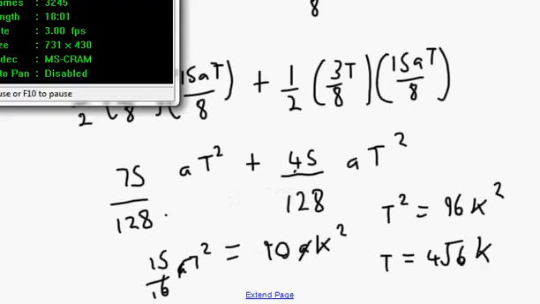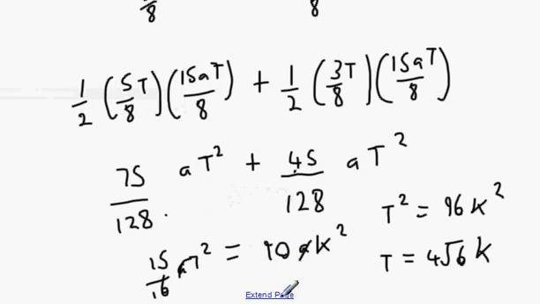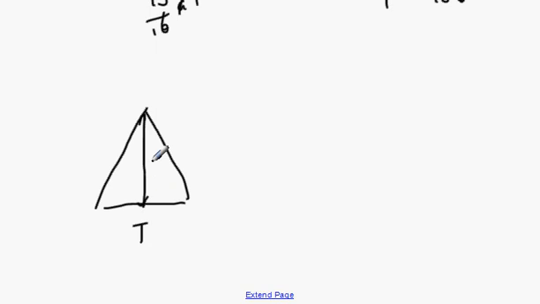Another faster way of doing this would have been, instead of using two triangles, to use one big triangle. The one big triangle would be of base T and of height 15 over 8 at.